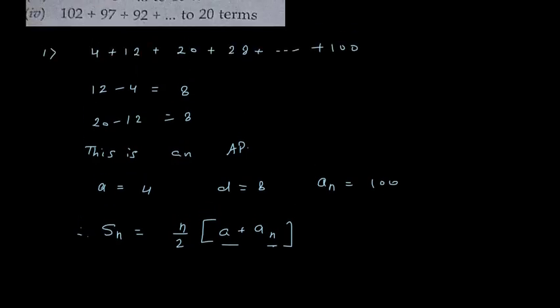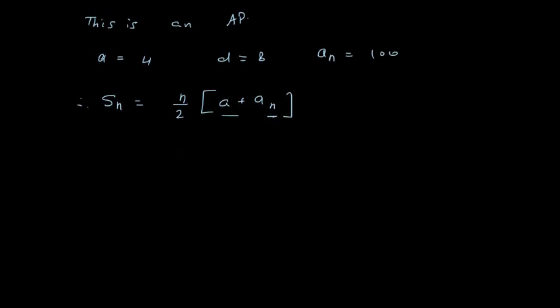You have the value of a, you have an, but you don't know what n is. So for n, you have to apply the formula an equals a plus n minus 1 d. The value of a is 4, plus n minus 1 into the value of d, which is 8. a plus n minus 1 d is equal to an, which is 100.